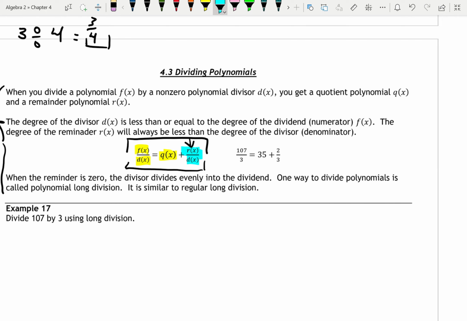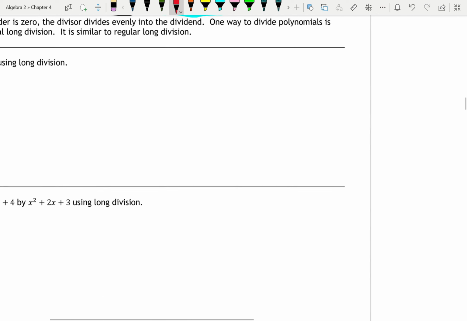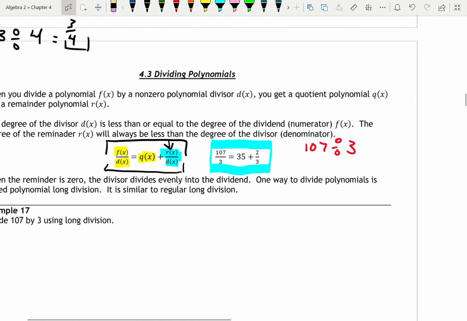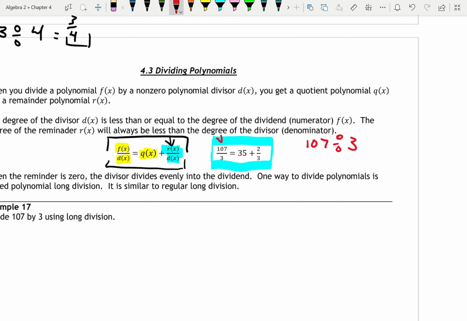If we look over here at the 107 over 3, that's just a normal fraction. But we can think about it as 107 divided by 3. If we think about it as division, we'd probably type it in a calculator and we would get a decimal. But if we think about it as a fraction, we know that we're not supposed to have a decimal there.